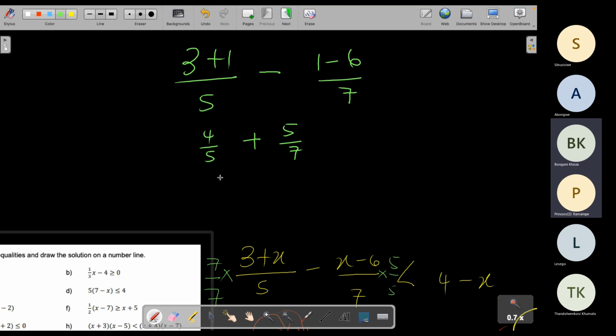So how is it 5? Here it's going to be 1 minus 6, and 1 minus 6 is minus 5. Then you have this minus from the outside, and that minus makes a plus.